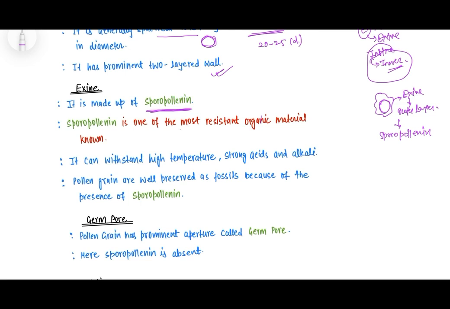Sporopollenin is one of the most resistant organic material known. This is important point. It can withstand high temperature, strong acid and alkali.